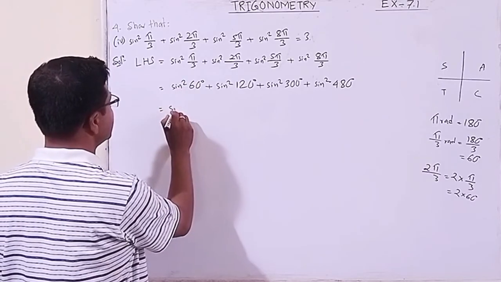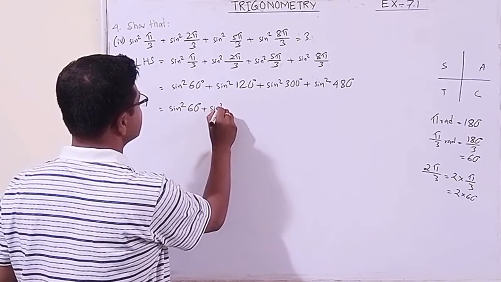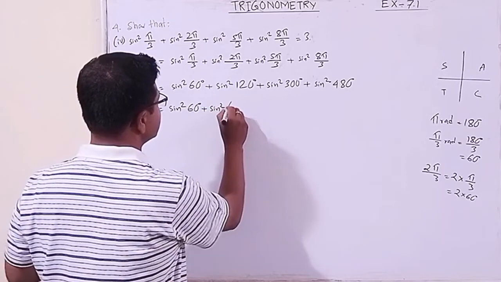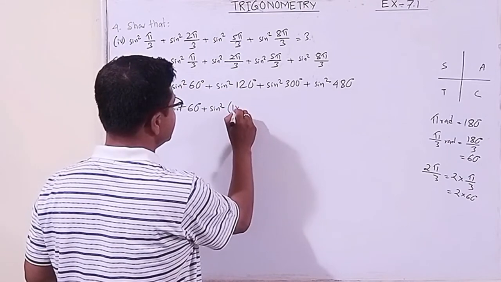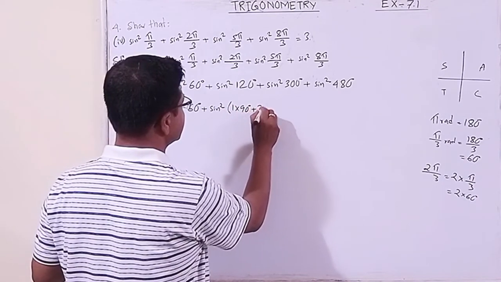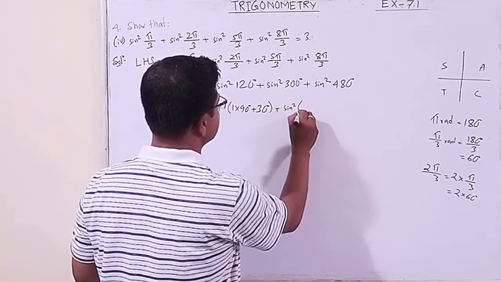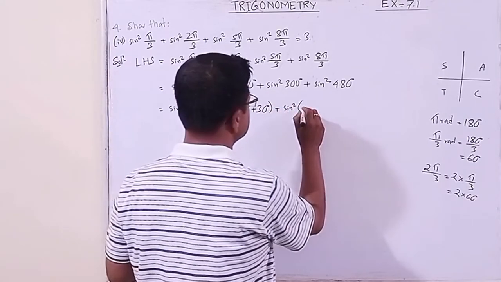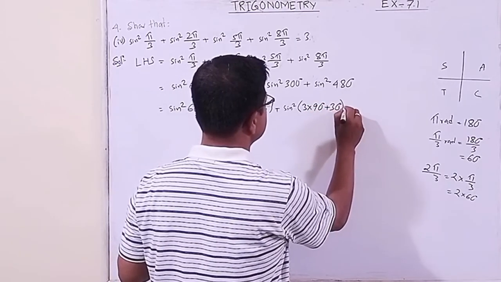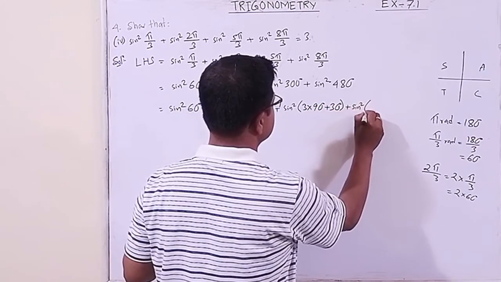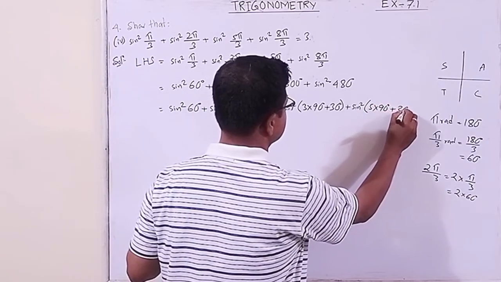Okay, now let us put the values. Its value is very simple. Let us put sine square 60, sine square, this is 1 into 90 plus 30, correct? Sine square 3 into 90 plus 30, plus sine square 5 into 90 plus 30 degree.